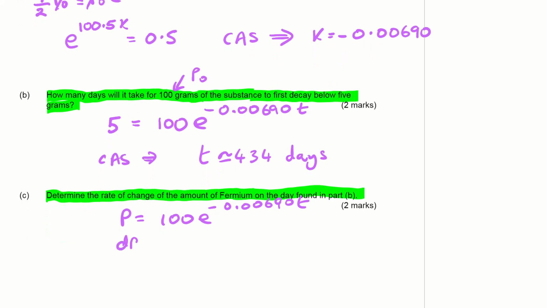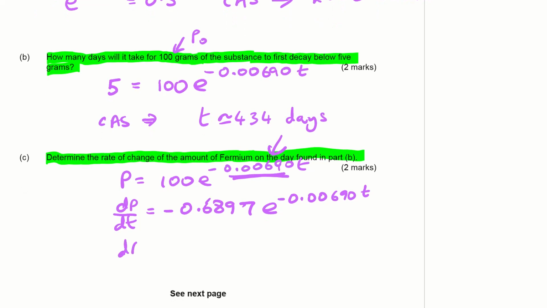And that means dP/dt, and you could do this on the ClassPad or use the chain rule, is going to be negative 0.6897. I'm using a slightly more accurate figure, so it is 100 times the value that was on my calculator, e^(-0.00690t).